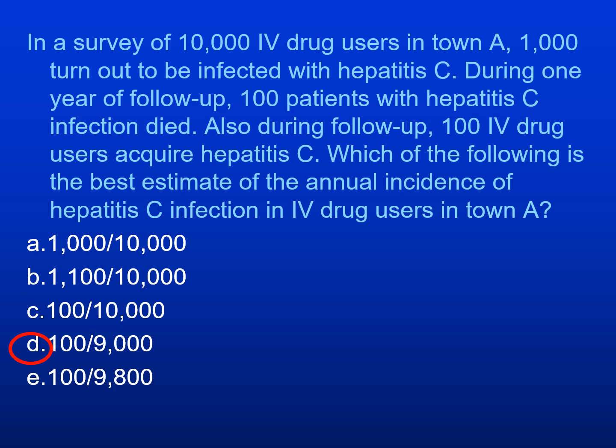So the annual incidence is 100 divided by 9,000, because I subtracted the 1,000 who were infected. I reduced it from the 10,000 population as they are not at risk.